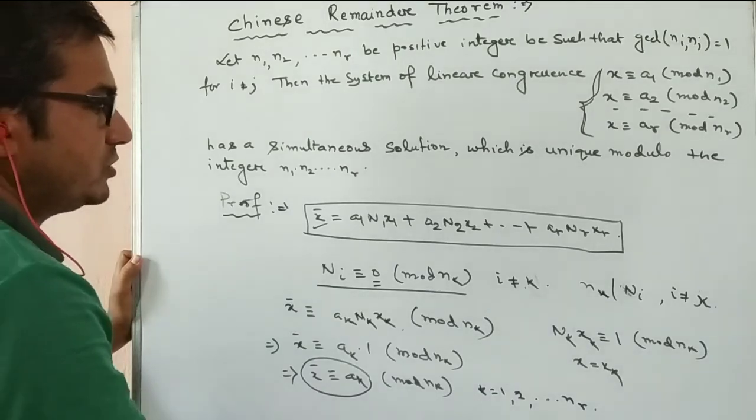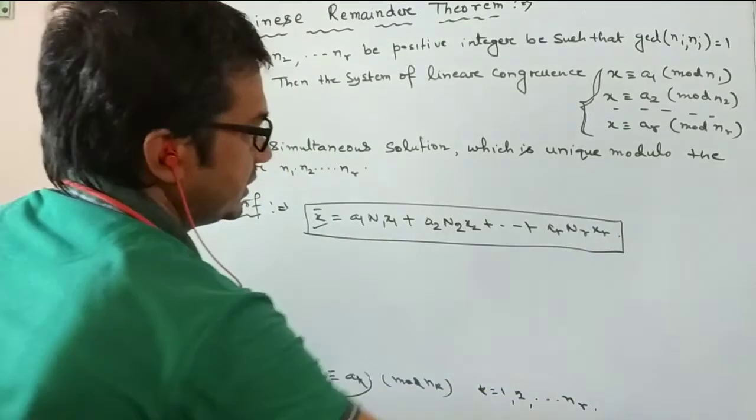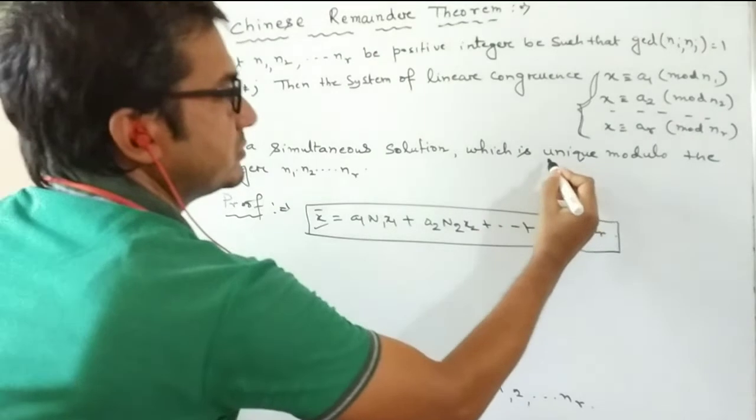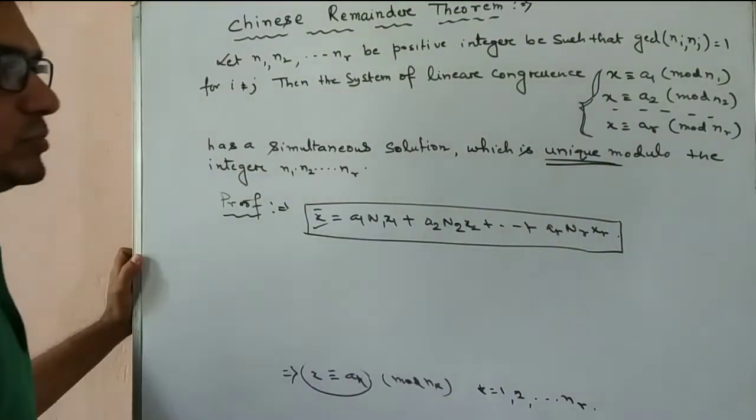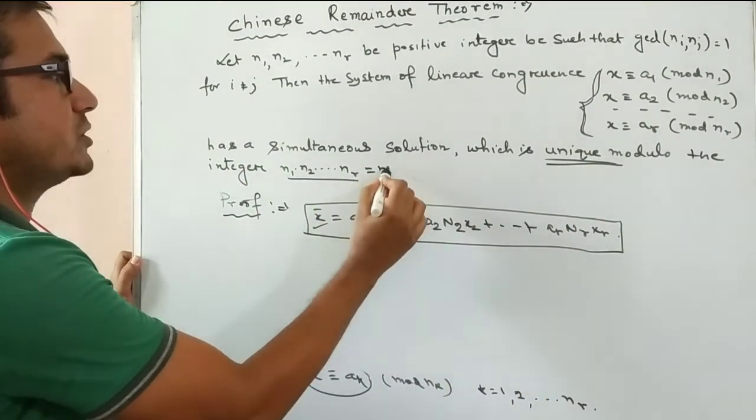Now we prove the uniqueness of this solution, because the statement says unique solution modulo n. Here we consider n.